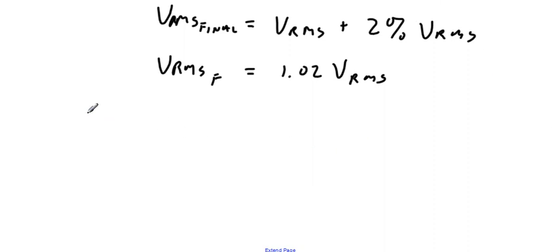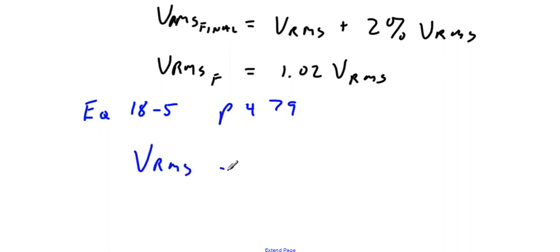So I'm looking at equation 18-5, on page 479, and I see that the velocity RMS of some molecule is going to be the square root of 3kT over m.